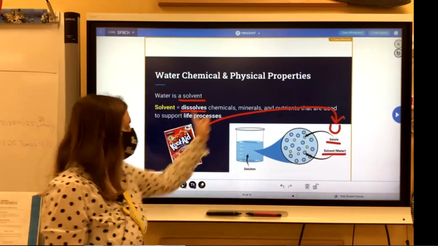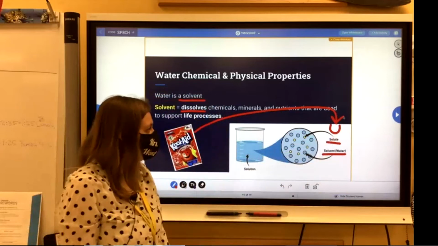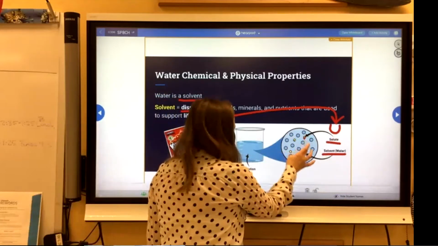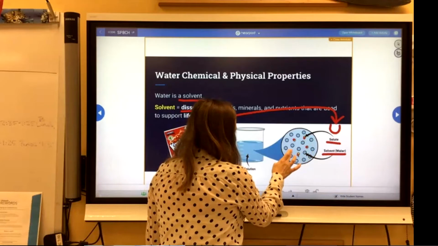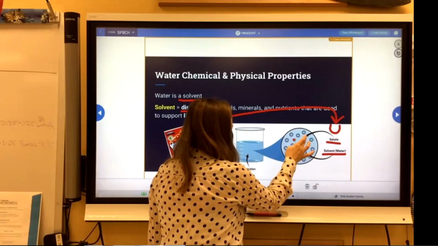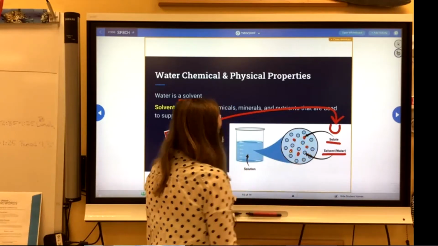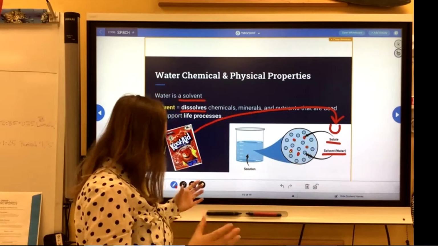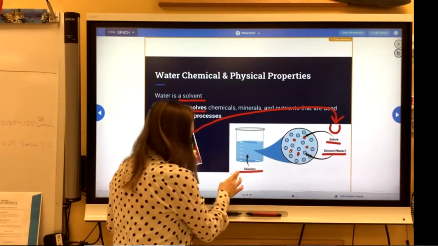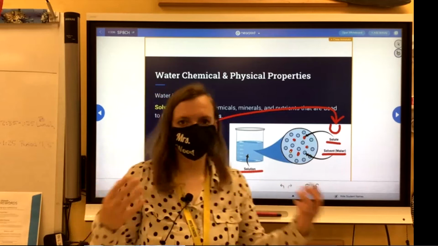So here I'm putting Kool-Aid into the water, and you can see, I'll even color in red. Here's my little Kool-Aid molecules, right? It's not coming out perfect, but we're trying. So most of my molecules in this solution, all right, are the water, right?